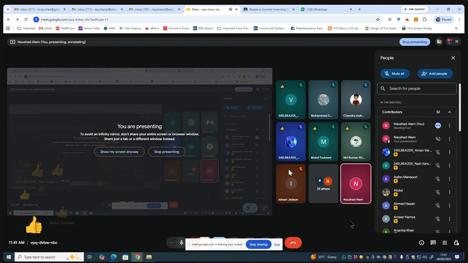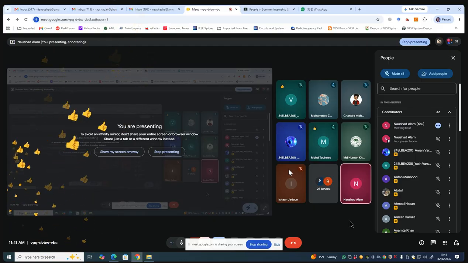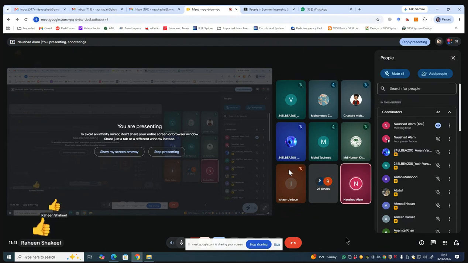So anybody from outside AMU, from another institute, you may not have used LTspice or SPICE simulation, but if you are from AMU, I have no doubt that you have used LTspice earlier.